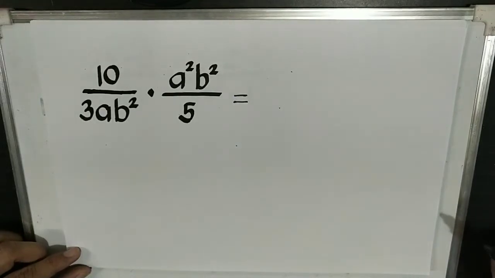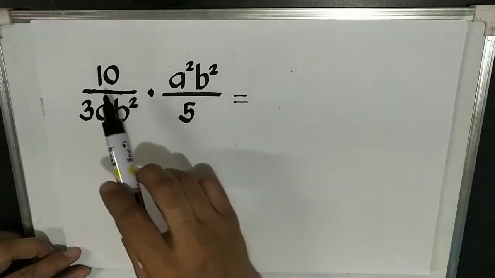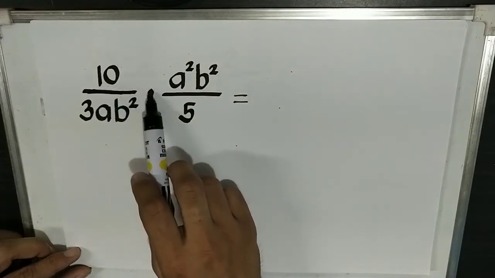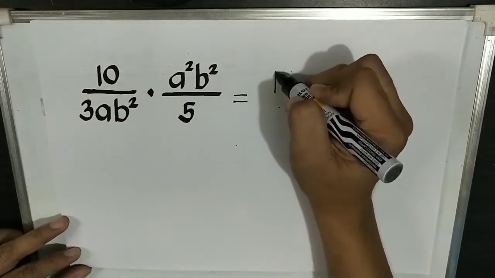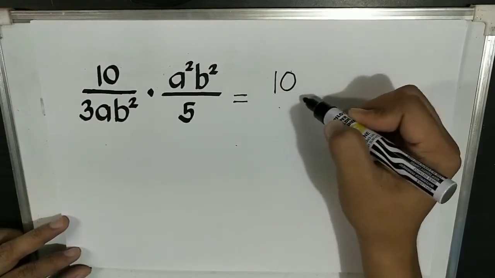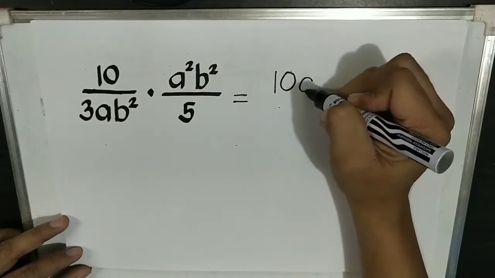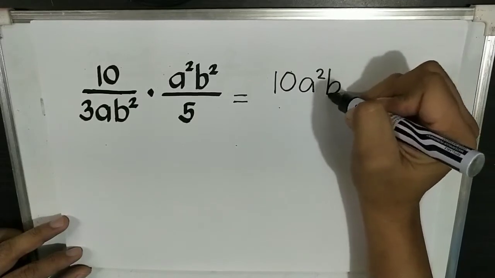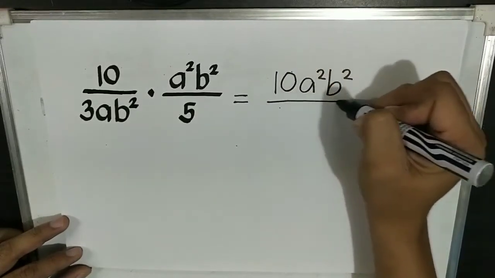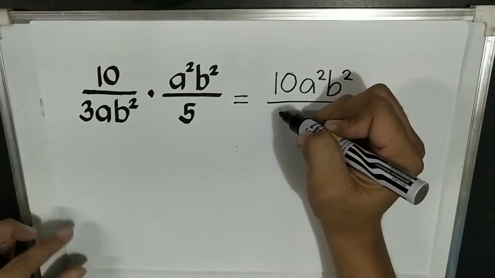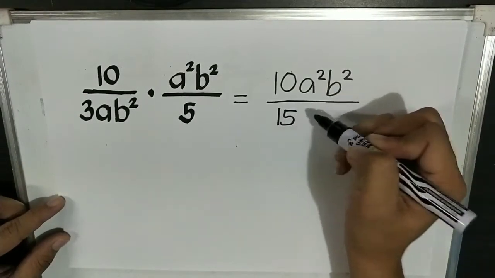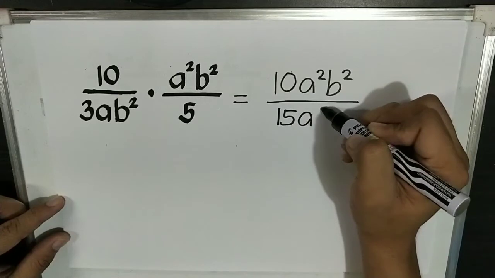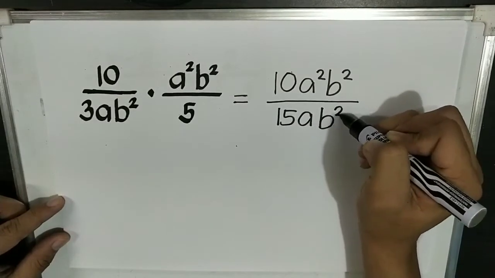So with this case, we can easily multiply the numerator to another numerator. We have 10. We will write first the numerical coefficient, a squared, b squared, all over 3 times 5 is 15. Then a b squared.